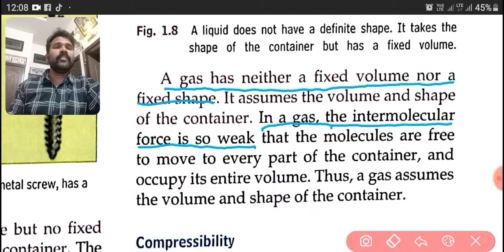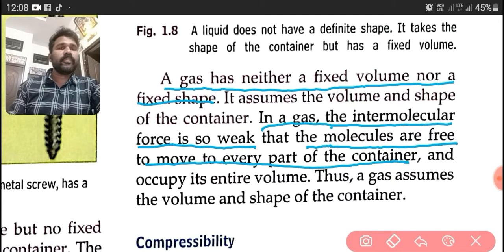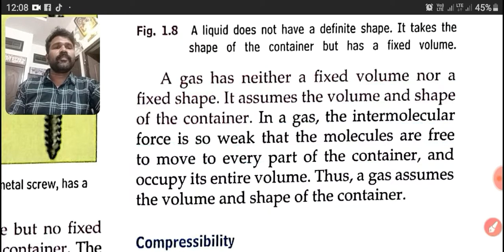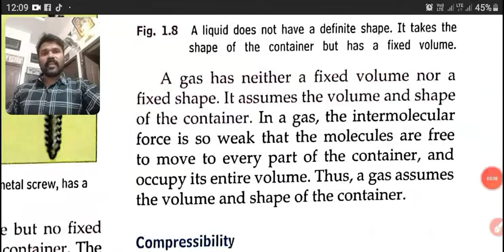Second point, in a gas, the molecules are free to move to every part of the container. These are the questions and answers related to yesterday's topic.